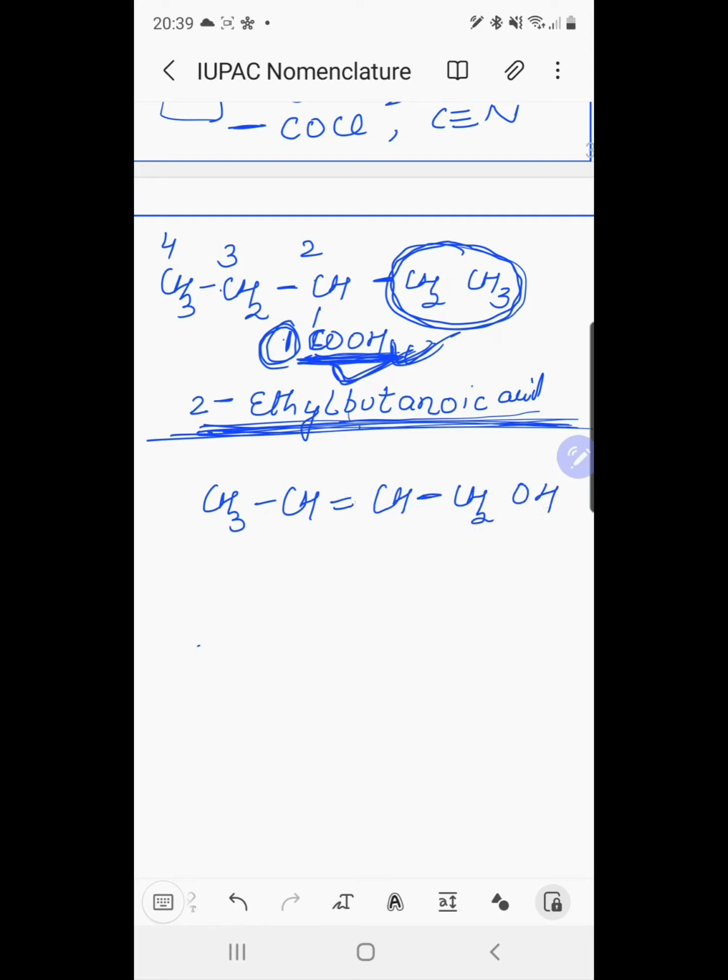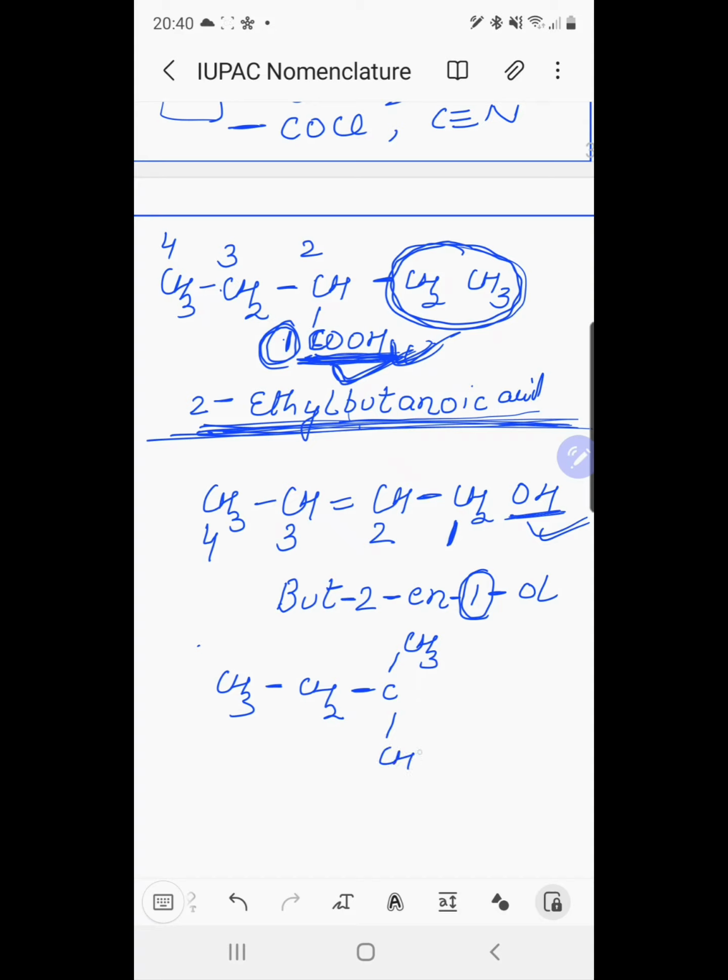Similarly, CH3 CH2, CH3, CHO, CH2 CH3. Here we count the numbering from this end: 1, 2, 3, 4.